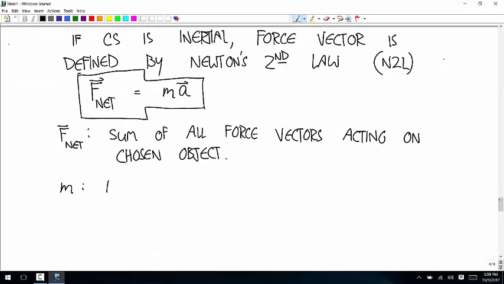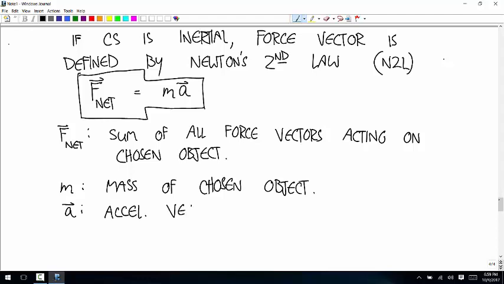M is the mass of the chosen object, and A is the acceleration vector of the chosen object.